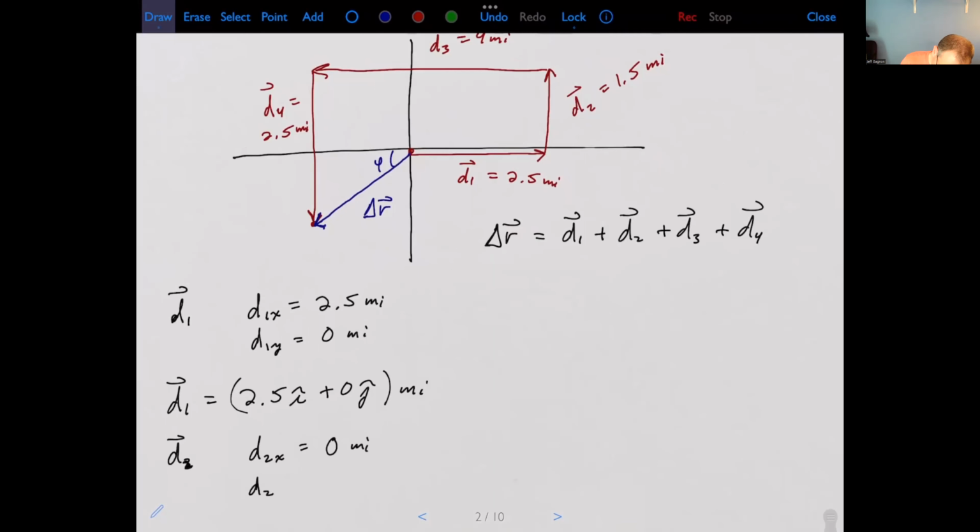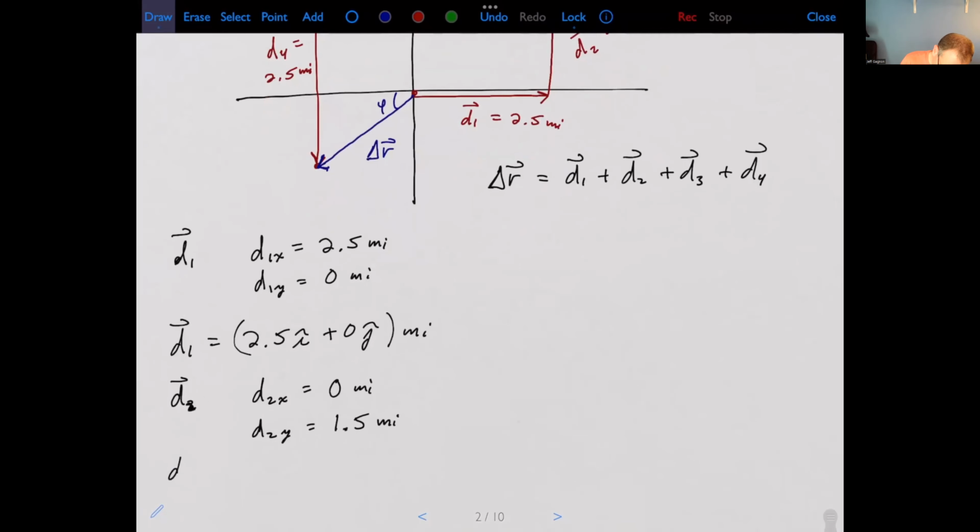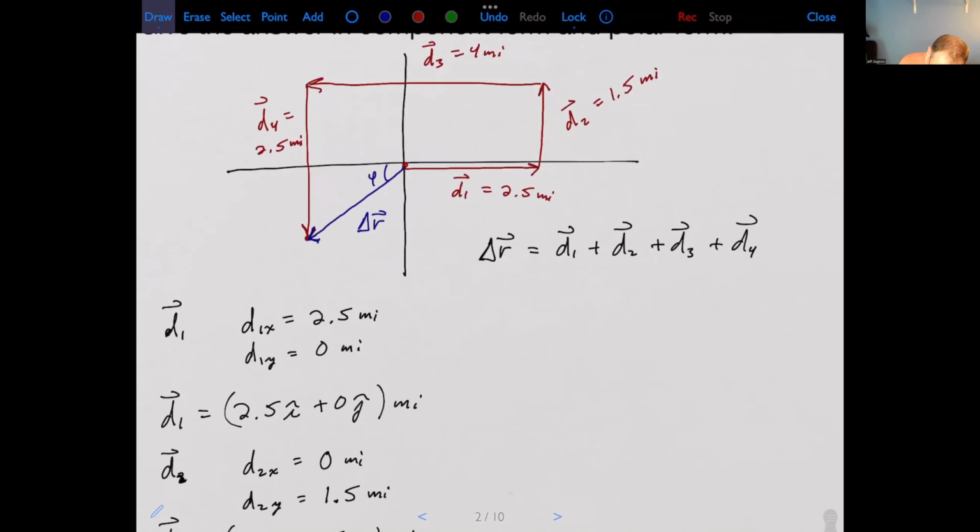The Y component, on the other hand, is going to be 1.5, and it's positive, right? Because it's pointing upward. So I can write D2 as 0 I hat plus 1.5 J hat miles. Okay, now D3, I'll do it over here.